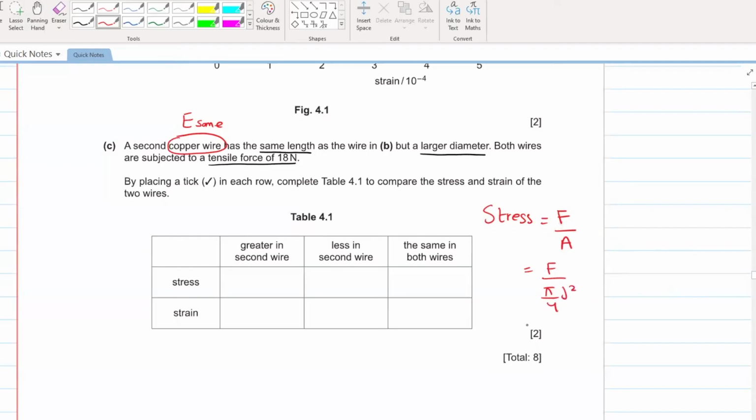Multiply 4 to the top side: stress is equal to 4F over pi d squared. Can you see the stress and diameter are inversely proportional? So if the second wire has a larger diameter, the stress in the second wire will be less.